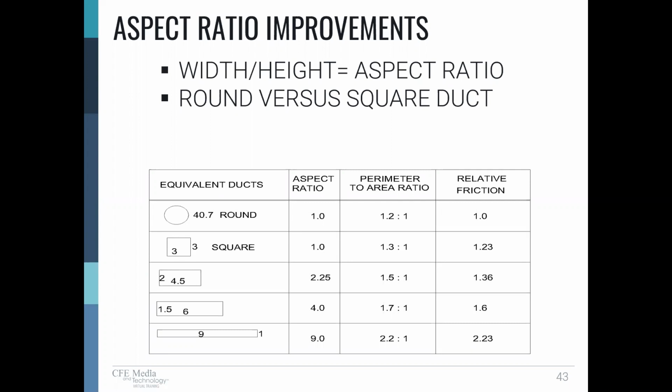Then if you have a 1 by 9 foot duct, aspect ratio is 9. The perimeter to area is 2.2 to 1, and it has a relative friction of 2.23.